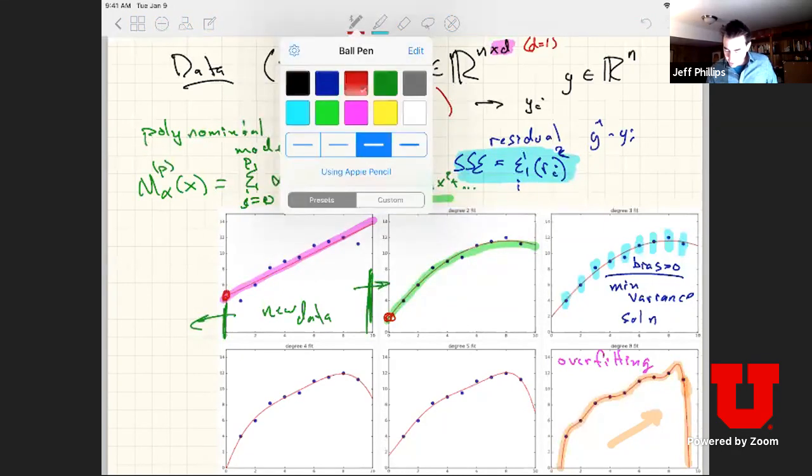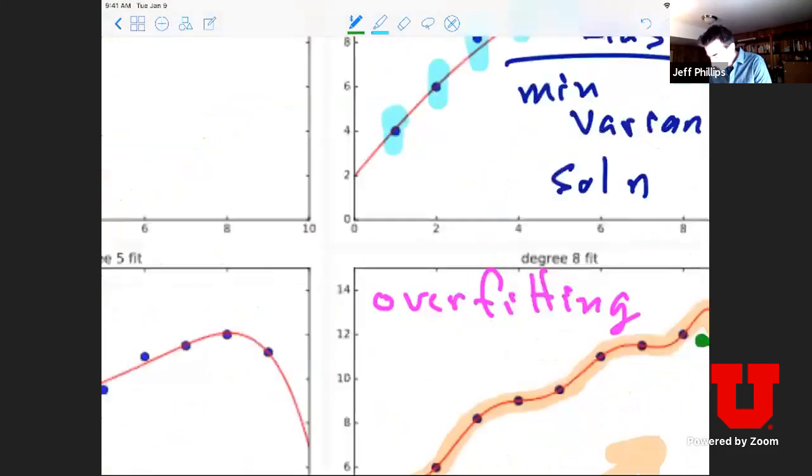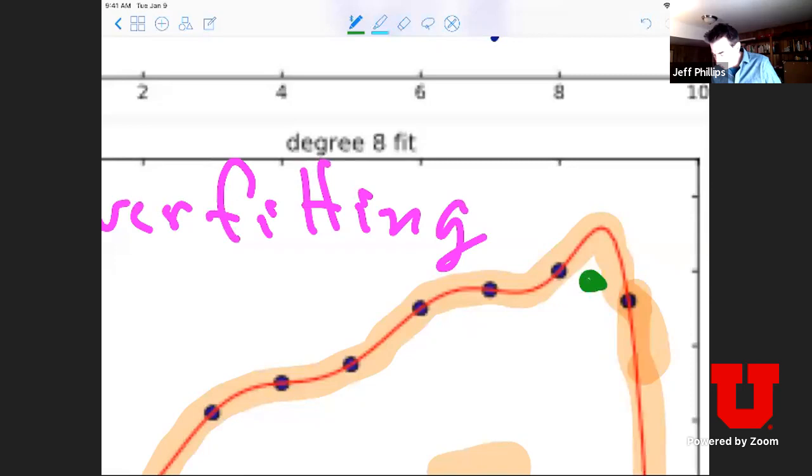If I get a new data point, say right here, right where the bump is, it's on this line, in between these two old data points.